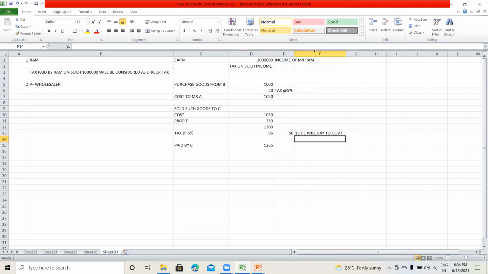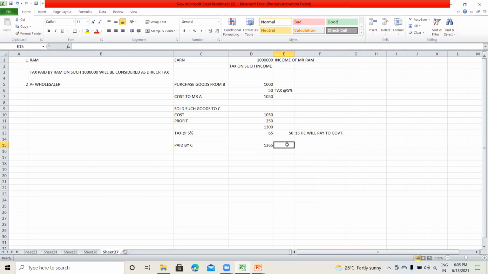So the ultimate burden, the ultimate tax, is borne by Mr. C, who is the consumer, because Mr. C will not sell such goods to another person, he will consume it. So he will pay 1,365 rupees.